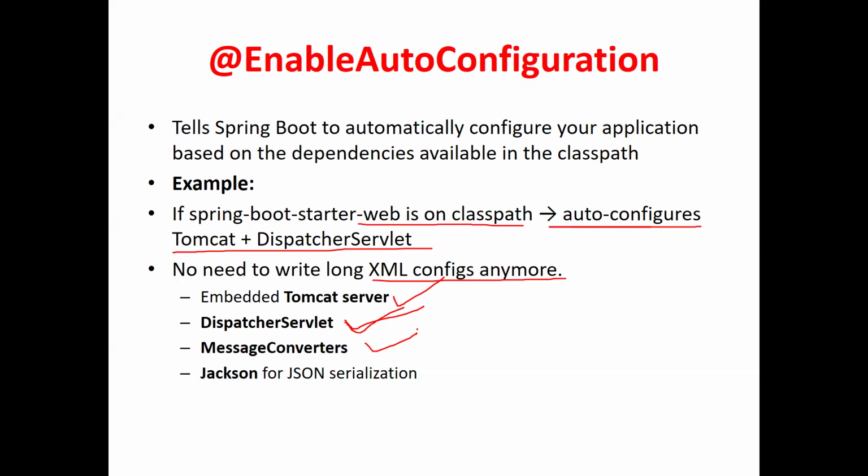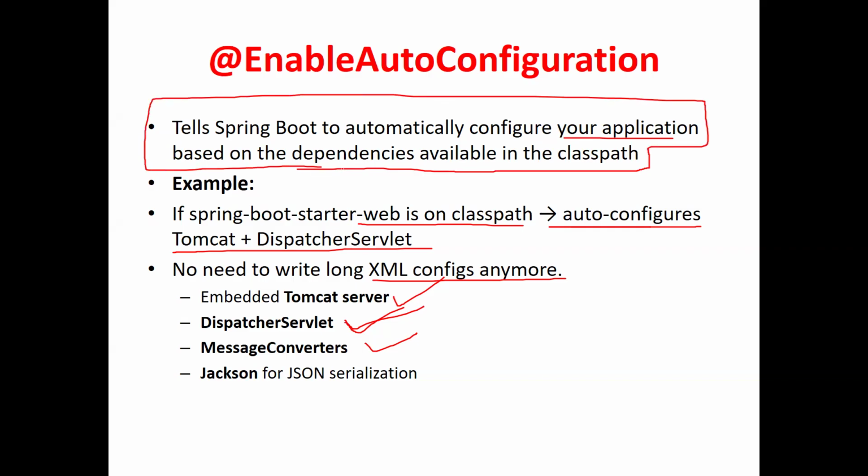All message converters and everything will be available inside this web starter here. So that's why Spring Boot automatically configures your application based on the dependencies available in the class path, in the pom.xml. This is an inbuilt feature in Spring Boot here.